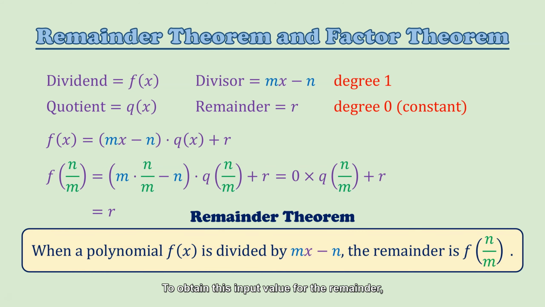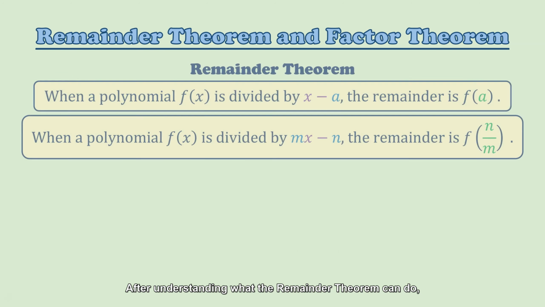To obtain this input value for the remainder, we just need to consider the value of x to make the divisor equal to 0. In other words, when mx minus n is equal to 0, we can get that x is equal to n/m. And then we know that f(n/m) is the remainder when f(x) is divided by mx minus n.